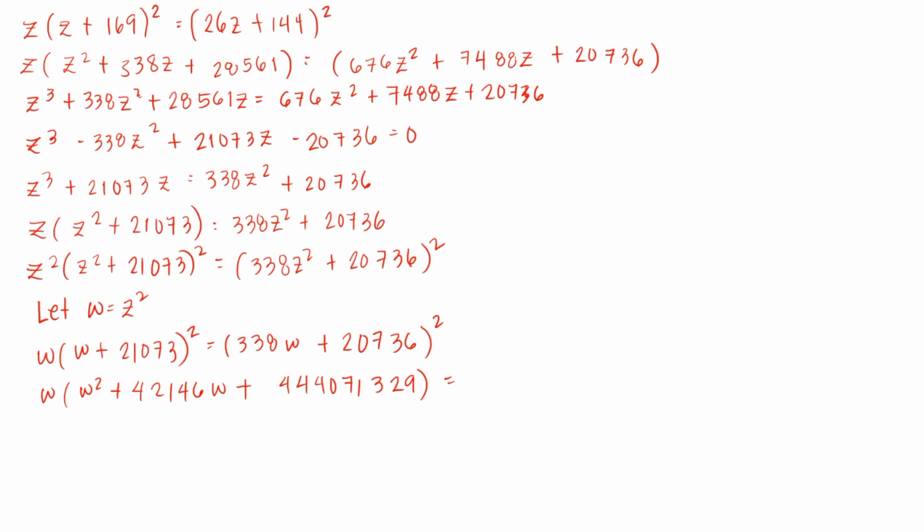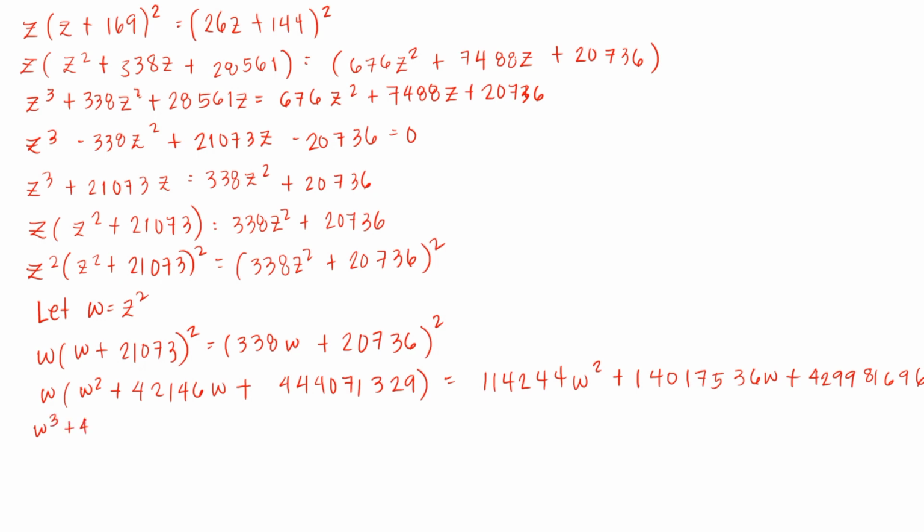Then on the right side, 338 square will be 114,244 w squared plus 338 times 20,736 times 2. That would be 1401,736 w plus the square of 20,736 is 429981696.